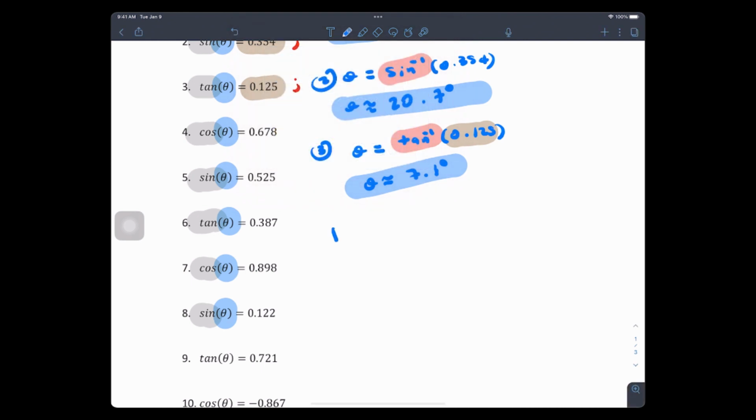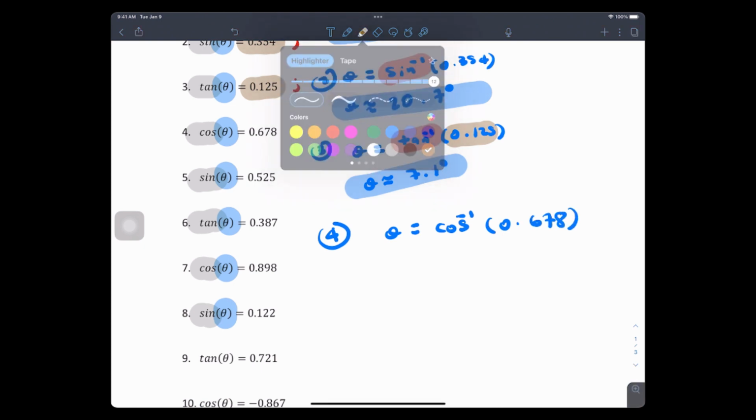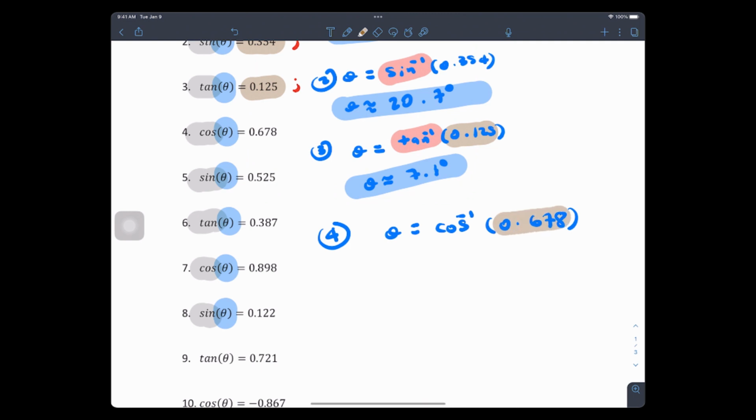And number 4, you're back to the starting point. So in other words, we're going to have inverse cosine for number 4 of 0.678. So this is inverse cosine.